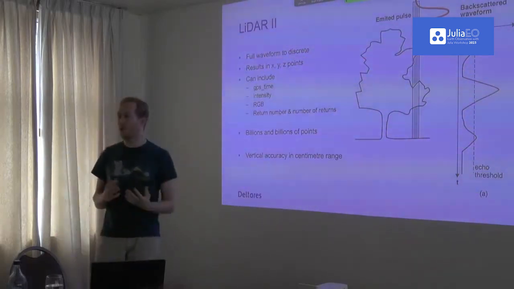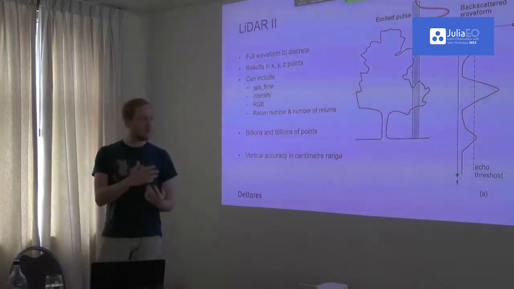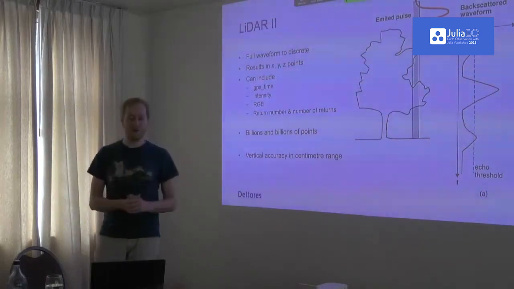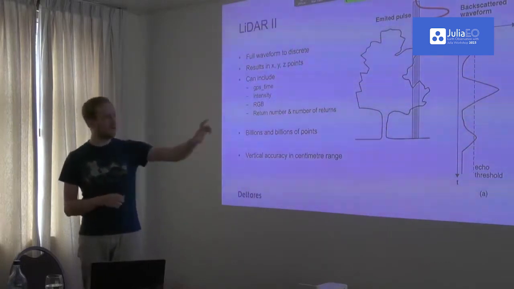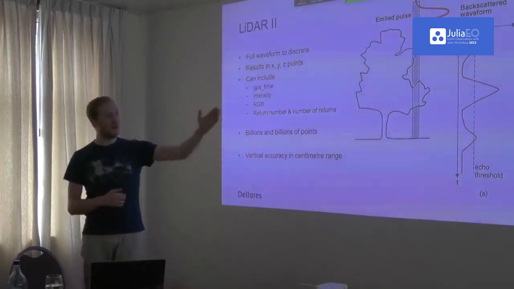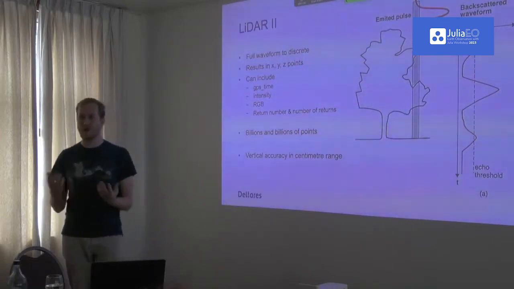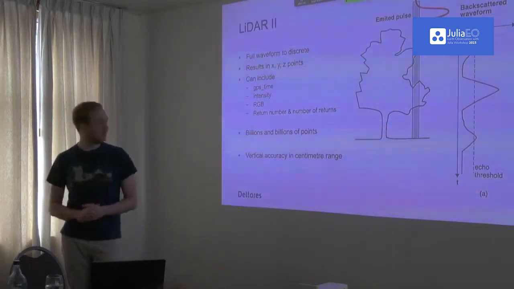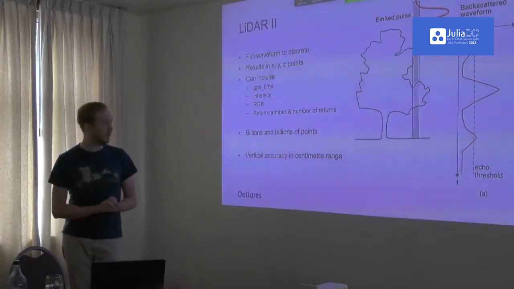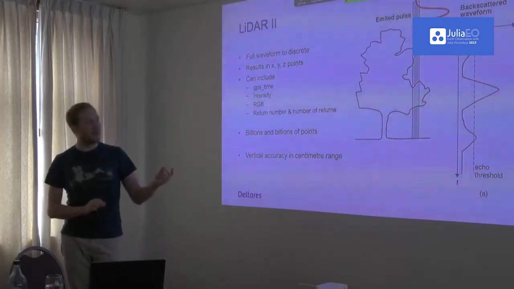And there's the interesting thing of return number and number of returns. For this pulse you get 2 independent points, but since they belong to the same pulse, there will be 2 as the number of returns for these 2 points, and return number 1 and 2. And that's a way of also saying last return, which would probably be the ground, if you can reach it.